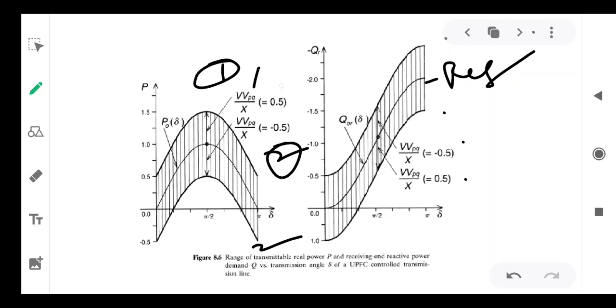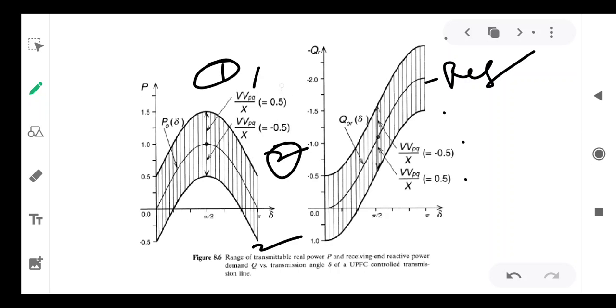Therefore, Q can be controlled well below the reference reactive power or above it. That means either positive or negative, either lagging or leading. So it will provide lagging reactive power as well as leading reactive power. That means inductive or capacitive type reactive power can be provided in order to control the voltage to the required value. So Q is also a function of VPQ.